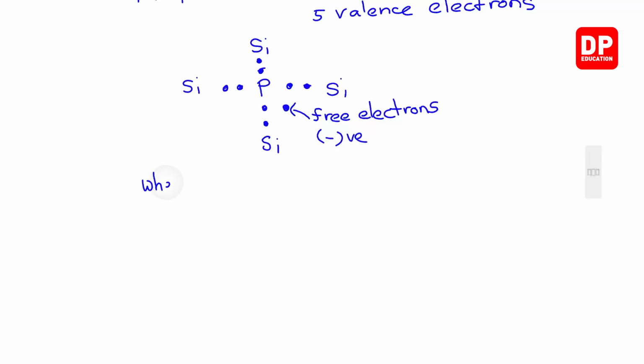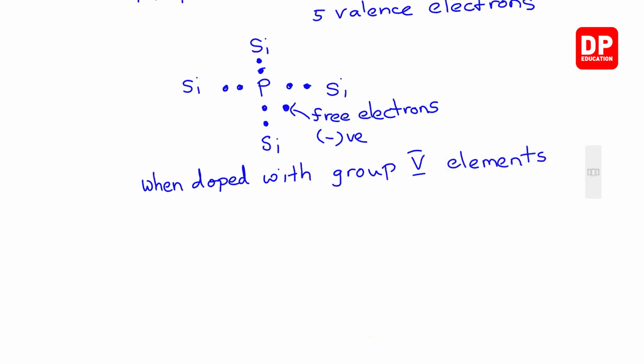When doped with group 5 elements, there will be free electrons.